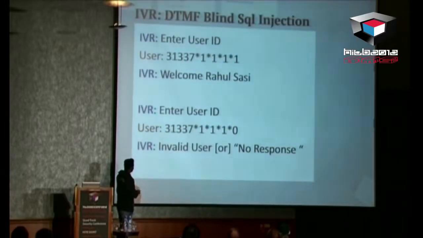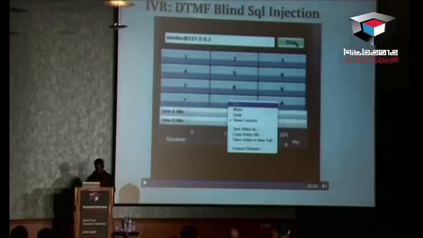But if we enter the user ID followed by *0, this makes this value 0, which means the user is now not there in the database. It should give you an invalid user or no response. This way, it is possible to test an IVR application for SQL injection flaws. We'll show a small demonstration of the concept.